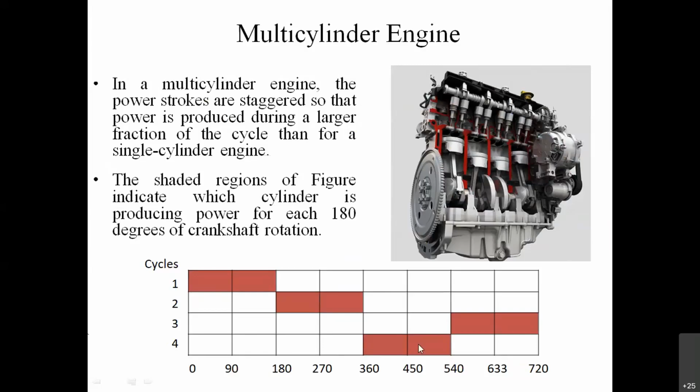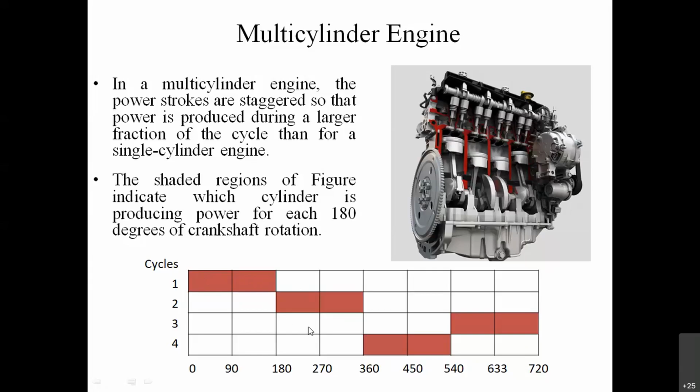For the next 180 degrees, cylinder 4 is in the power stroke, and for the remaining 180 degrees, cylinder 3 is generating the required power. So throughout the complete cycle, one of the cylinders is responsible for giving the required power, which will be used to drive the vehicle.